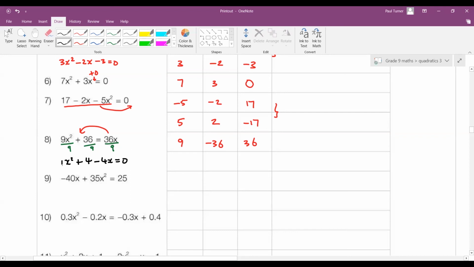So A here is 1. B is minus 4, because that's minus 4x, so minus 4. And then C is 4. I just didn't rearrange this bit here. All right, so that one is here. And the 4, the C value is in the middle there, like that.